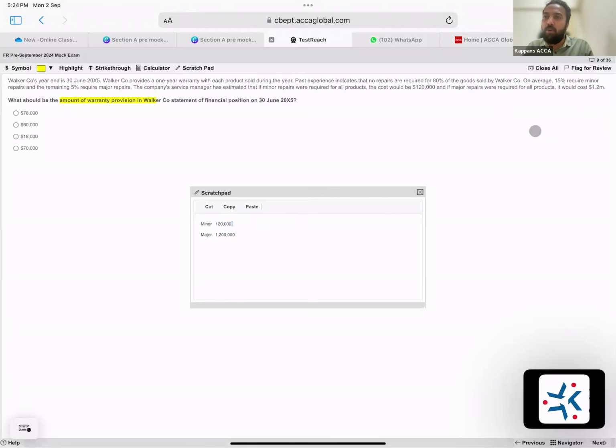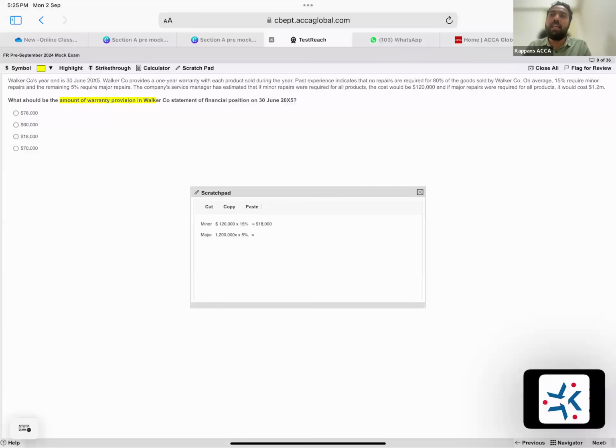And what is the probability for minor repair? The probability for minor repair is 15%. So $120,000 into 15%, that is equal to, use your calculators, $18,000. And for major repair, 1.2 million. And what is the probability for major repair? 5%. So multiplied by 5%.